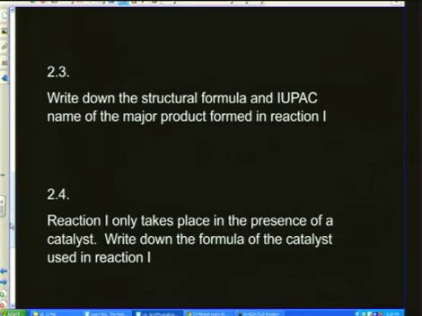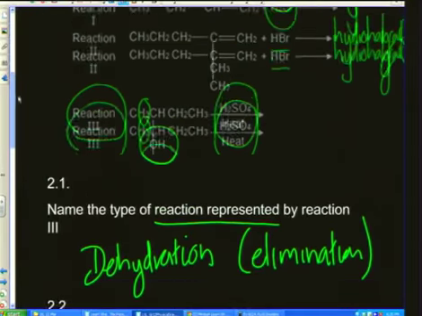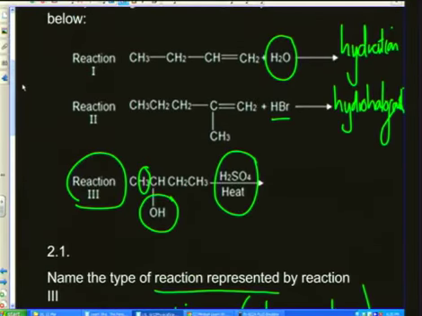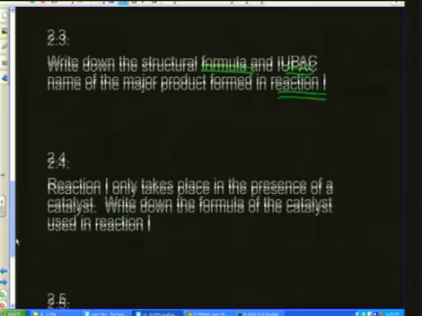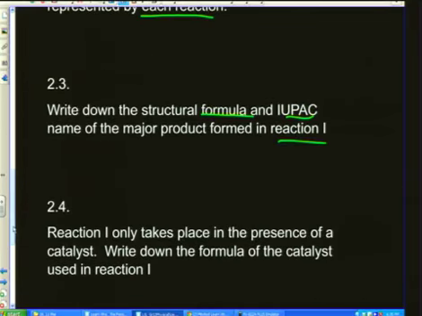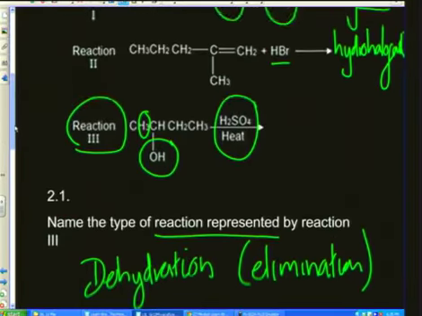Then it says, write down the structural formula and the IUPAC name of the major product of reaction 1. So the major product of reaction 1, where we're getting the hydration, we're going to add in. Now notice that the double bond is in position number 1. We're going to break the double bond. How many carbons were there? Sorry, I didn't see that.